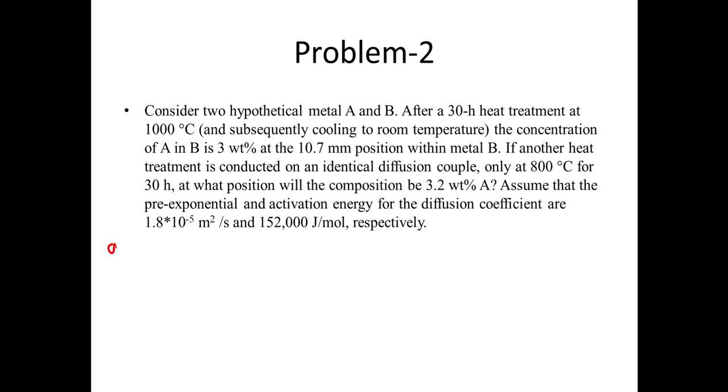Given, consider two hypothetical metals A and B after 30 hours of a heat treatment at 1000 degrees Celsius and subsequently cooling to room temperature. The concentration of A in B is 3.8% at 10.7 position within the B metal.